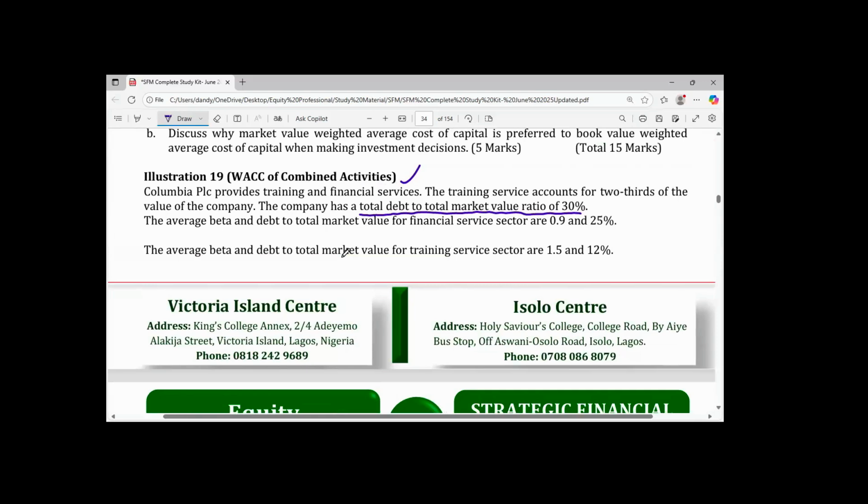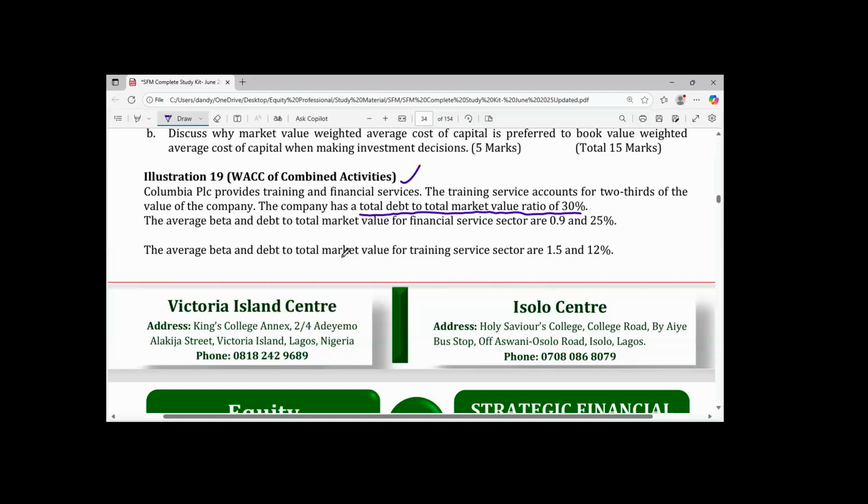The examiner is asking me to calculate WACC. Therefore, this represents WACOCA, the weighted average cost of capital of the combined activities. So how am I going to calculate my WACC? Very simple. I have 7 procedures to calculate my WACOCA.